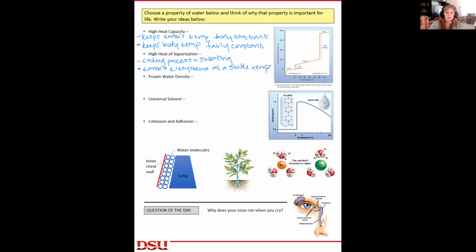Okay, frozen water density, kind of already talked about this one too. Fresh water freezes from the top down so that everything inside stays alive.